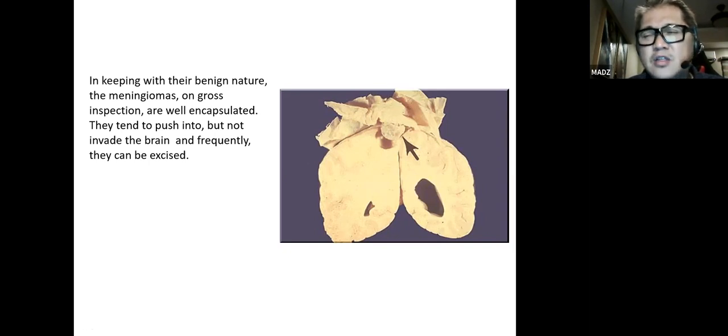It is a slowly growing tumor that sometimes you won't even notice until it is as big as an egg and compresses significant parts of the brain. Patients complain, but the headache is usually very minimal because it's a slowly growing tumor.